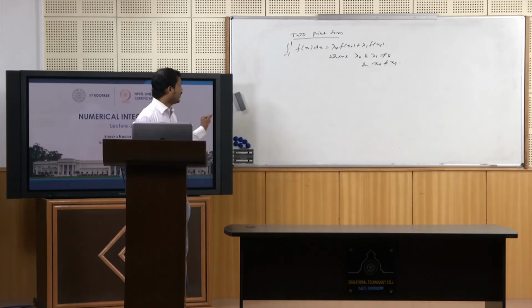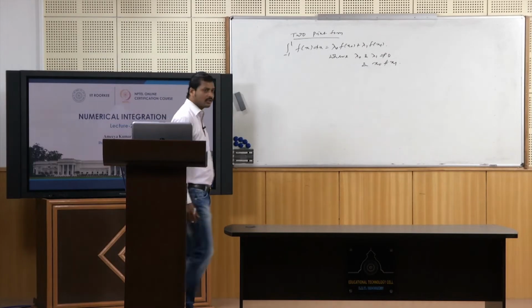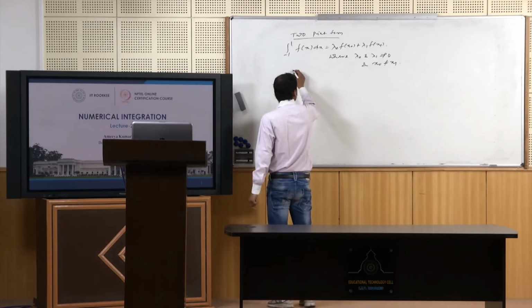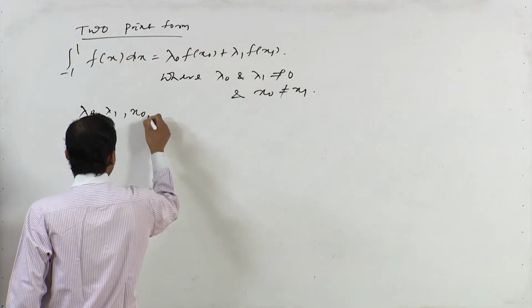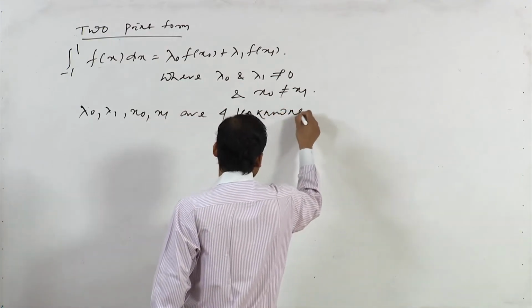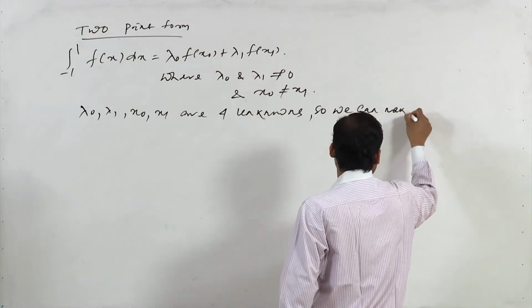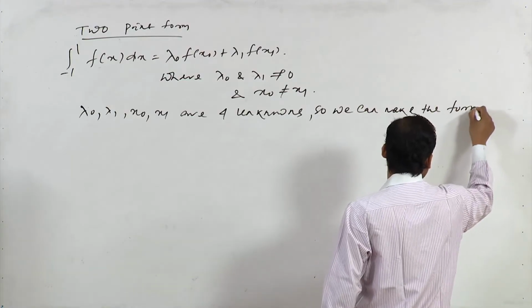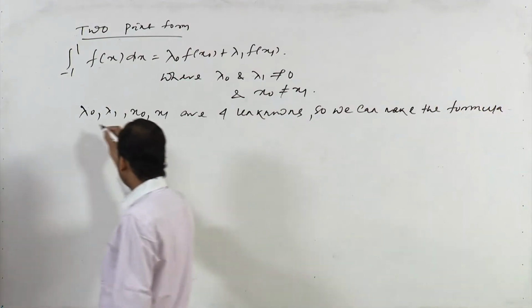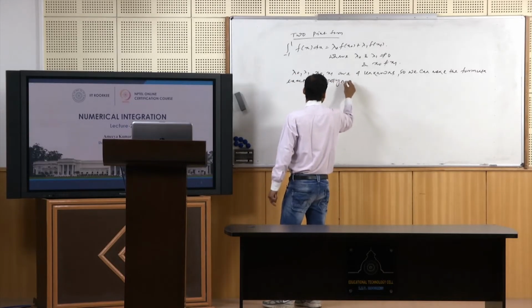To make this formula exact, we can consider polynomials of order 0, 1, 2, 3, since we have 4 unknowns. If you see here, lambda 0, lambda 1, x 0, x 1 are 4 unknowns. So we can make the formula exact for polynomials of degree 3.